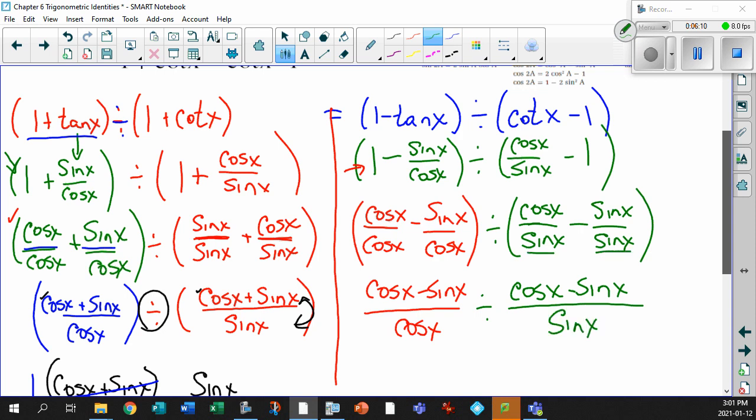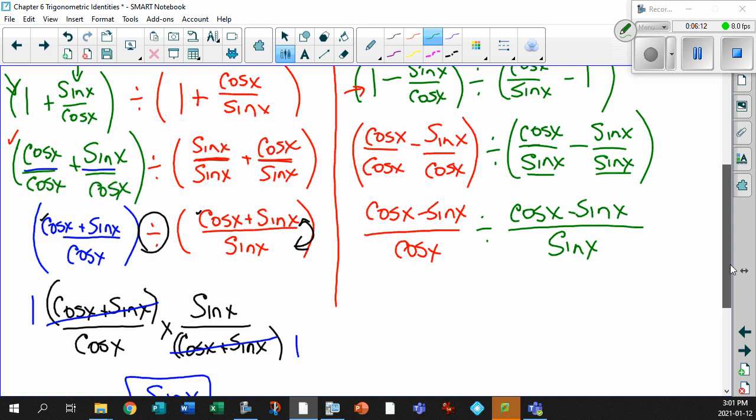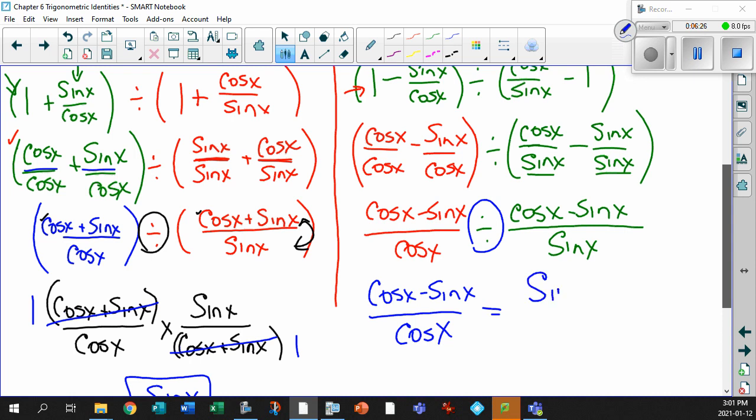Beautiful, beautiful. This is now division, so that means you can take the reciprocal and multiply. Okay, so cos x minus sine x over cos x, and wait for it. Watch this. You got sine x over cos x minus sine x, and like I said before, do you see what I see? This guy and this guy will cancel.